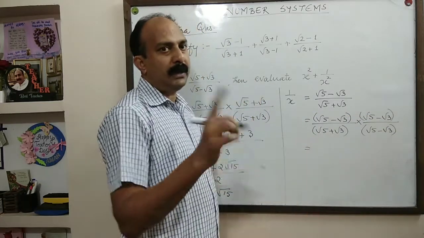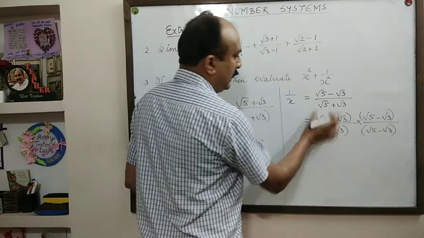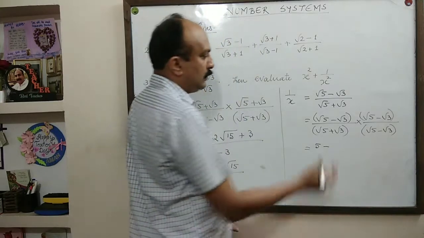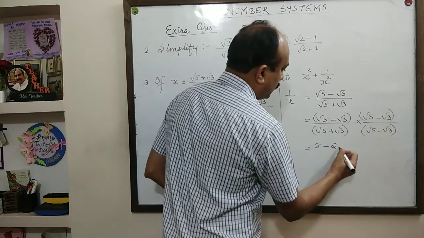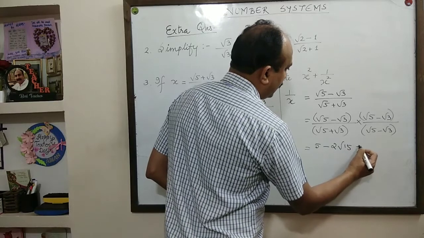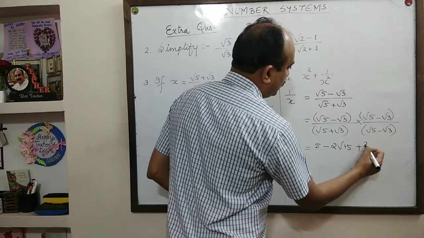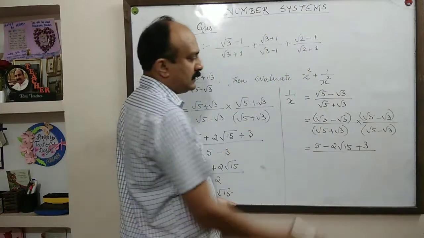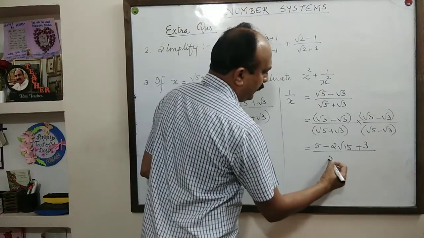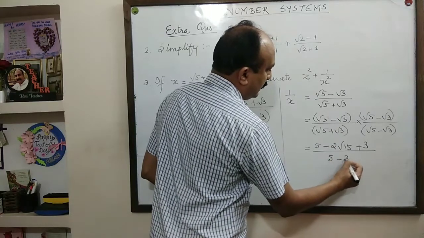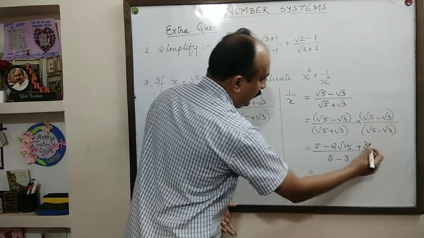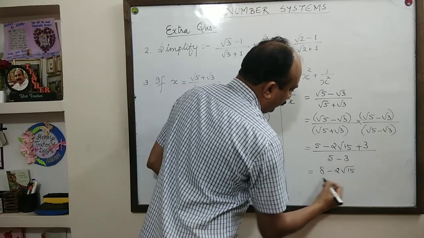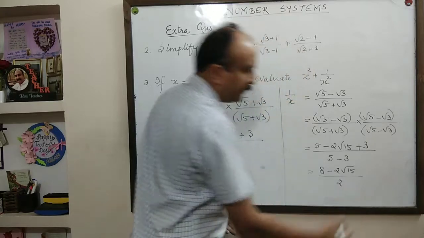Formula: a square minus 2ab plus b square. A square is 5, minus 2ab, 2 into root 5 into root 3, 2 root 15, plus b square, that is root 3 the whole square, 3, upon a square minus b square, root 5 the whole square 5, root 3 the whole square 3. 5 plus 3, 8, 8 minus 2 root 15 upon 2.